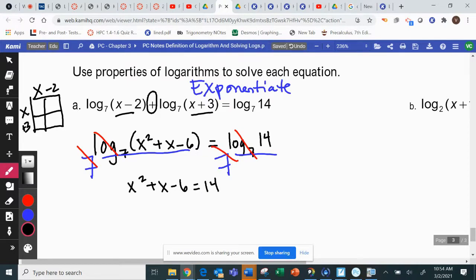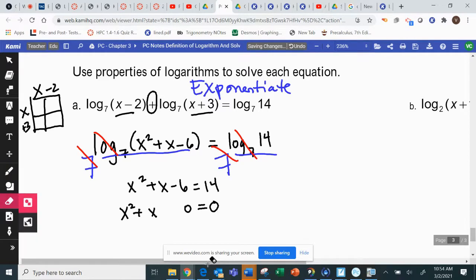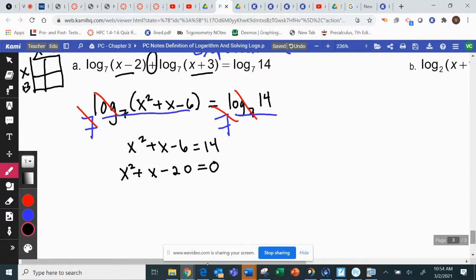Still have to solve it. How do I solve an equation that has an x squared and an x in it? I'm going to try to factor it, so I'm going to make it say equals 0. What if I can't factor it? Quadratic formula, or complete the square if you want. This one factors: x plus 5, x minus 4.